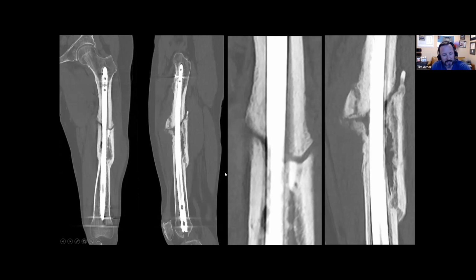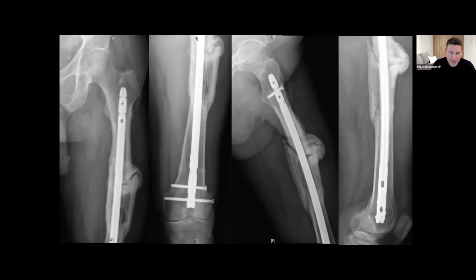Mitch, do you get CAT scans for all non-unions? No, I mean, if you go back one slide, my first thought, because I was nervous you were going to ask me in front of everyone, was, is this actually not healed? So if the patient has a lot of pain, notwithstanding any hardware failure, obviously, then yeah, I would pursue a CT scan to confirm that it's a non-union.